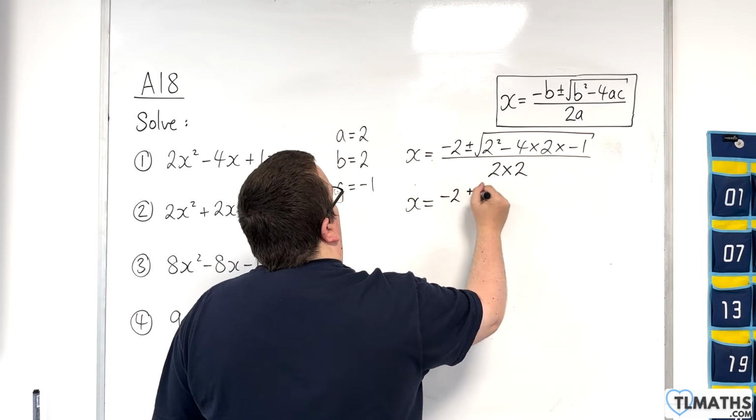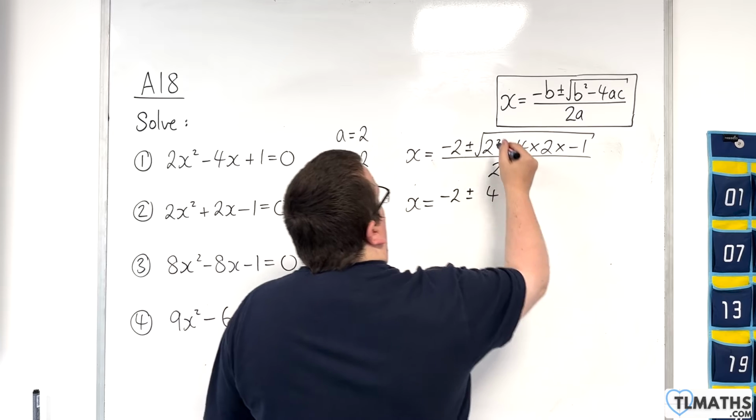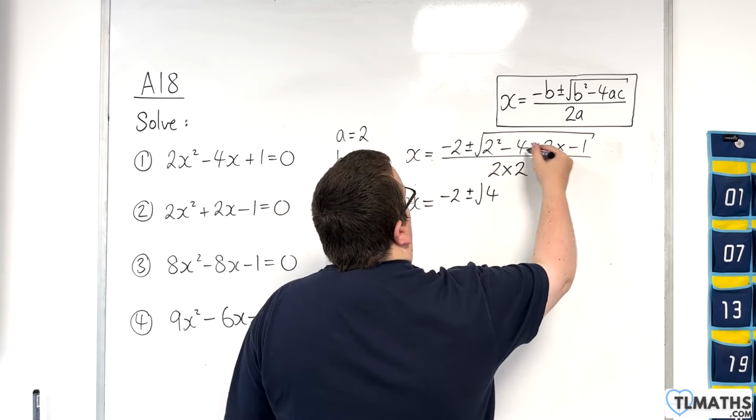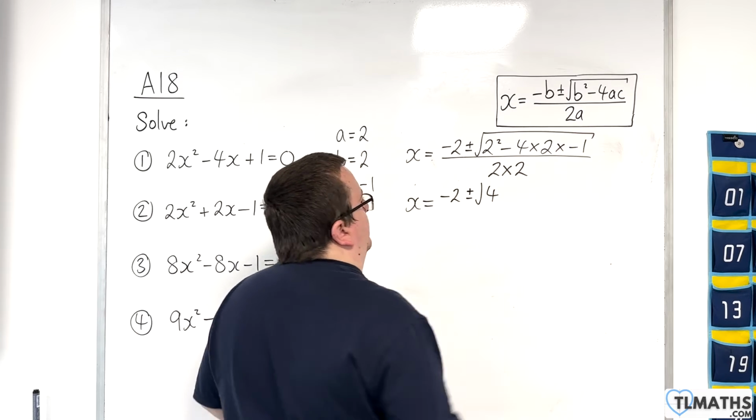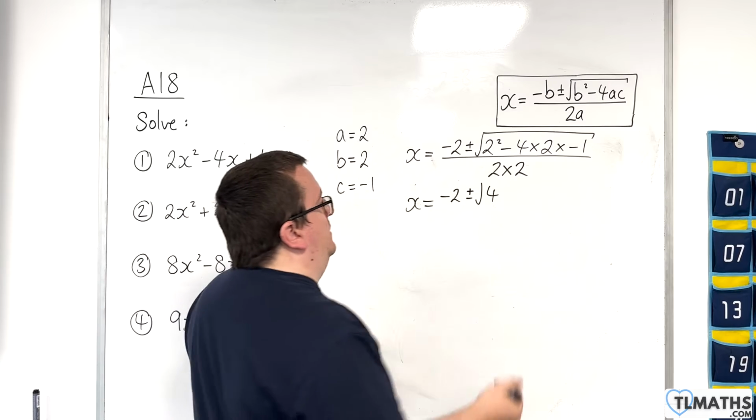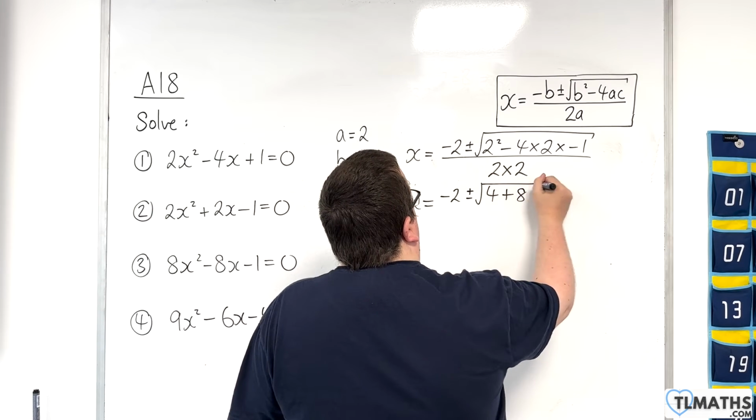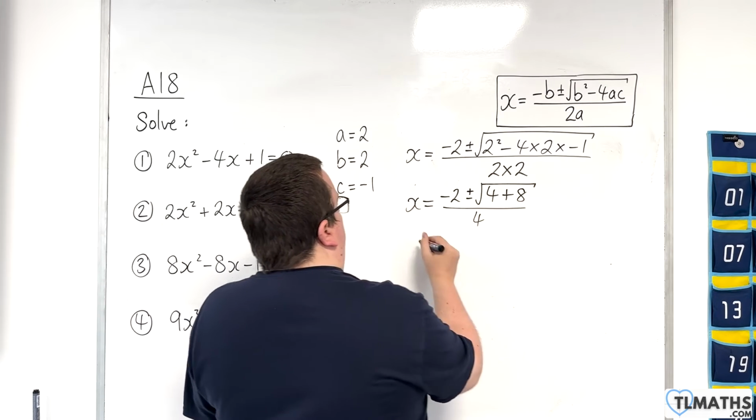So we have minus 2 plus or minus, we've got 2 squared, which is 4, take away 4 times 2 times minus 1, so that'd be plus 8, all over 4.